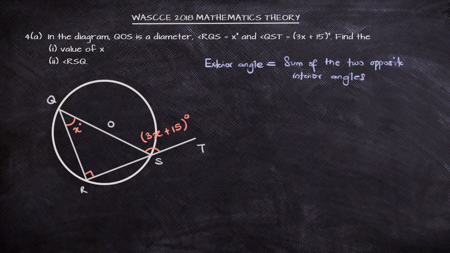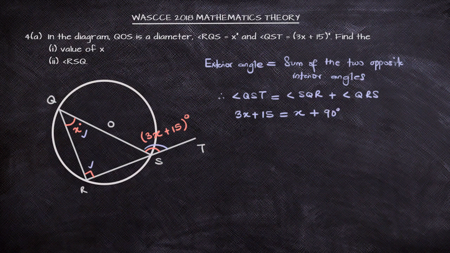So now the exterior angle is 3x plus 15, which is angle QST. The obtuse angle QST is equal to angle SQR plus angle QRS. Now, angle QRS has been depicted as 90, and the other one we know as x. So 3x plus 15 will give us x plus 90 degrees.